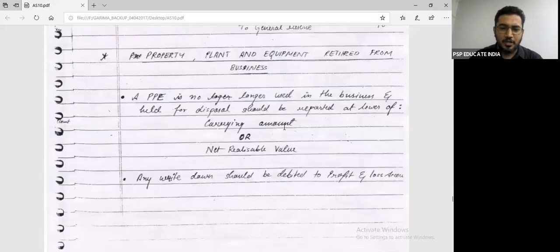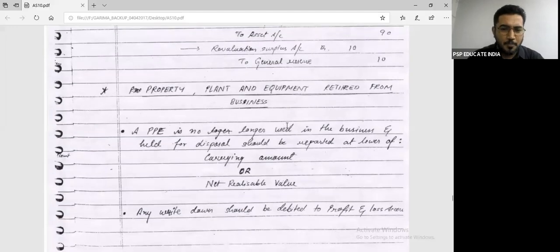Perfect. Let's go to the next part, which says property, plant and equipment retired from business. Right, let's understand this. Before we understand the technical concept, I want to ask you one question: what is the meaning of retired? I'm giving you two options.